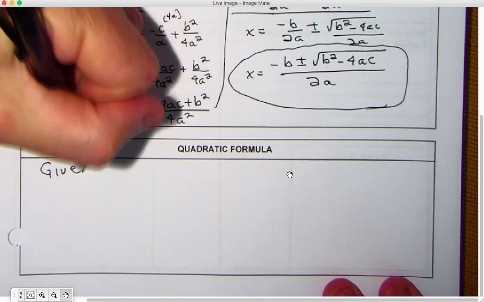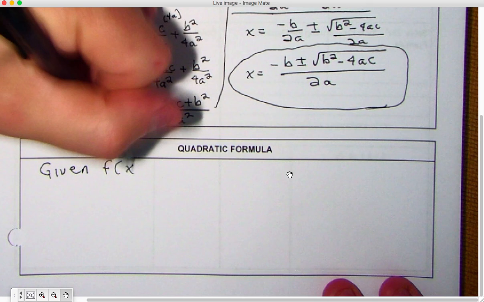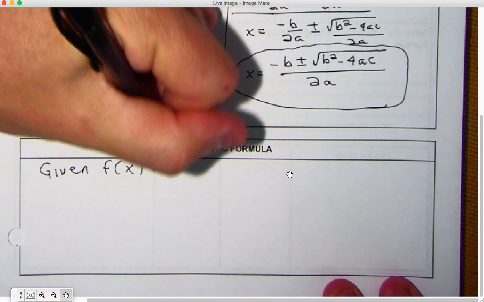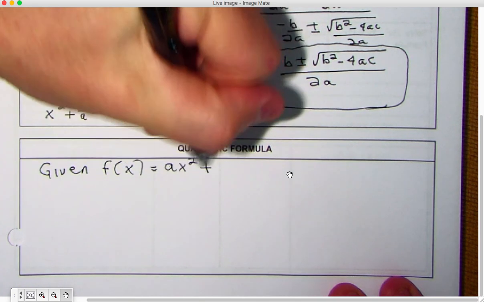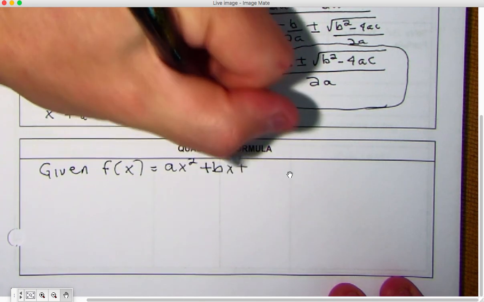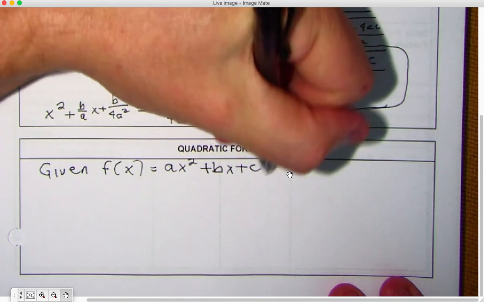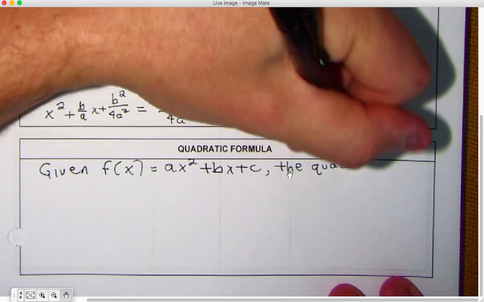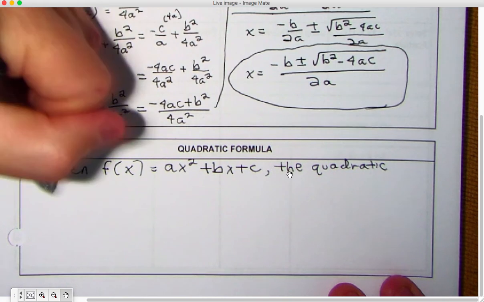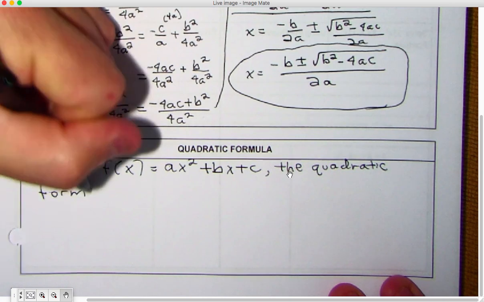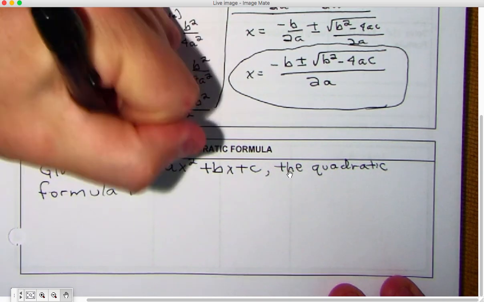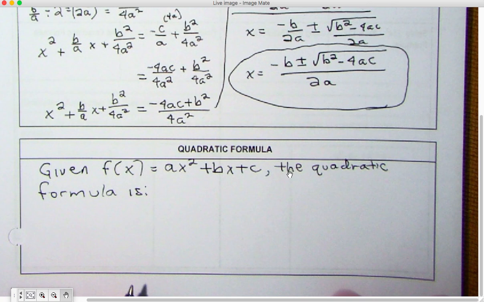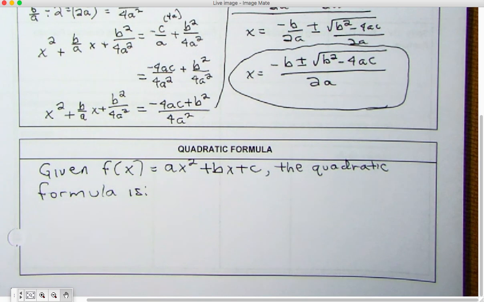Let's say given f of x equals ax squared plus bx plus c, the quadratic formula is, this is the important part. Oh, and here's what else is cool. You can sing this to the Michigan Fight Song.